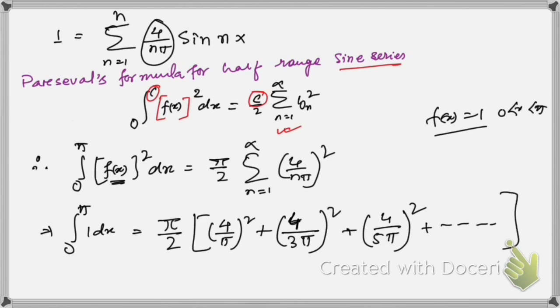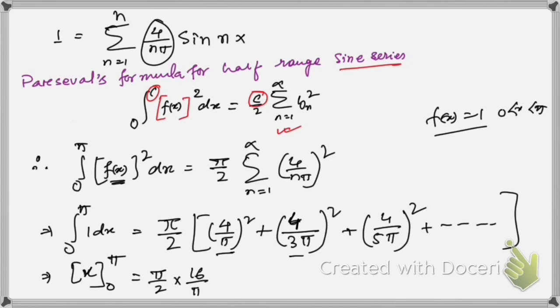Now the integration of dx is x, so here we're going to write x from 0 to pi. From here, we can take 16 by pi square common from each term, since 4 square is 16, that means 4 by pi whole square we can take common.